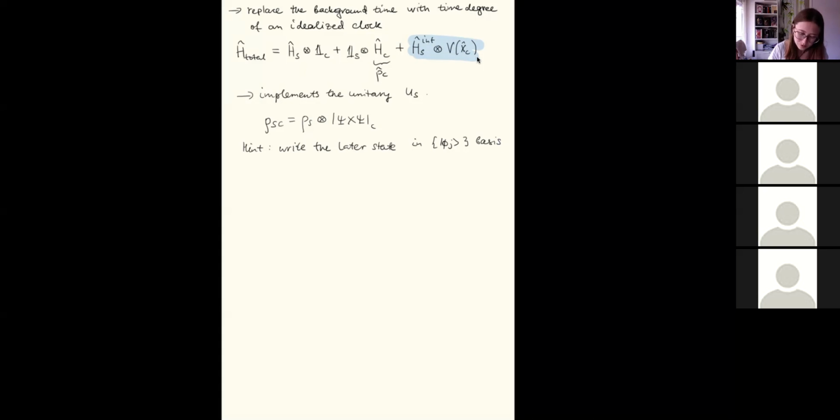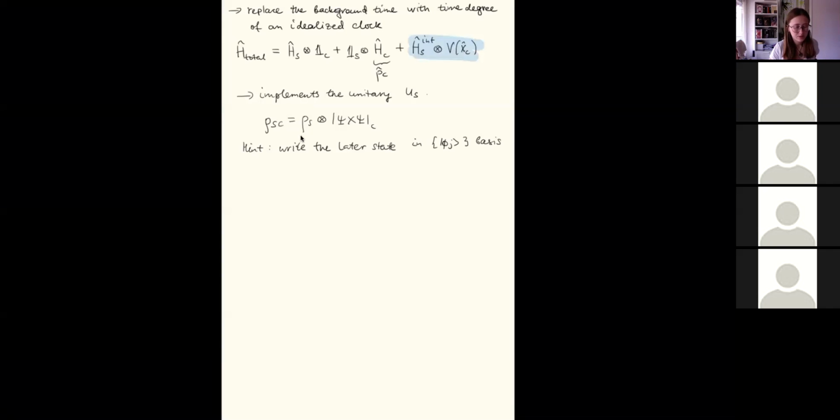Okay, this is the last part I'll leave to you to verify. You just have to evolve the state and then see what the final state of the system is.